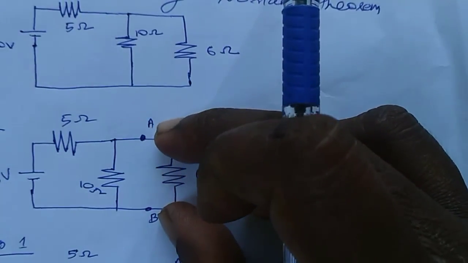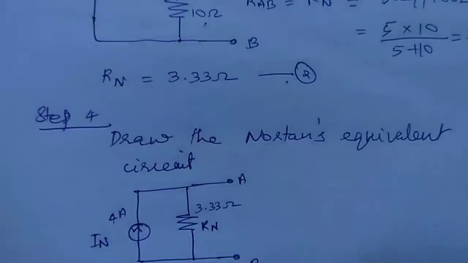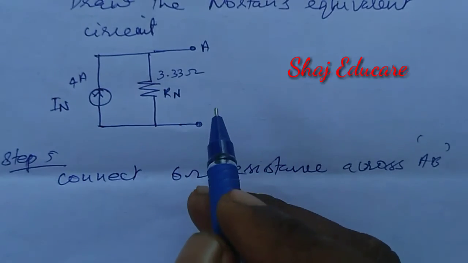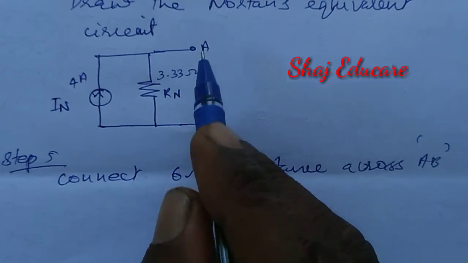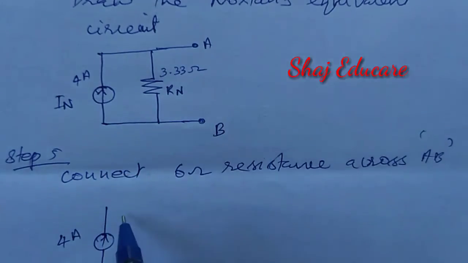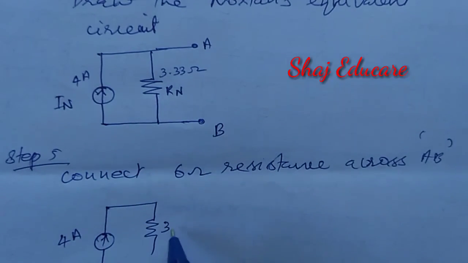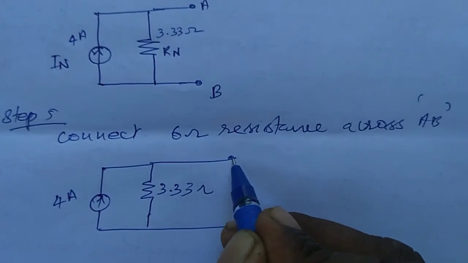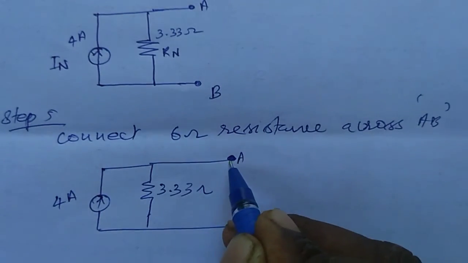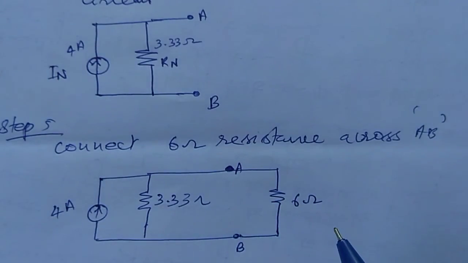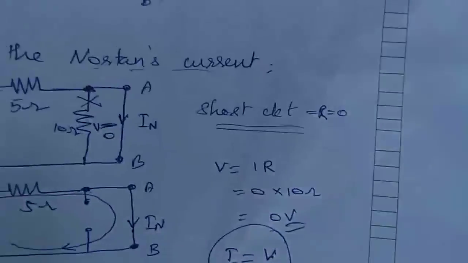Now, in order to find the current flowing through this 6 ohm resistance, we have to reconnect it back to these points A and B. That is our next step. Now connect the 6 ohm resistance back to the circuit, across the points A and B. Now what we are getting is a 4 ampere current source, then corresponding Norton's resistance 3.33 ohm, and here across A and B I have to put the 6 ohm resistance, which was removed in step 1.